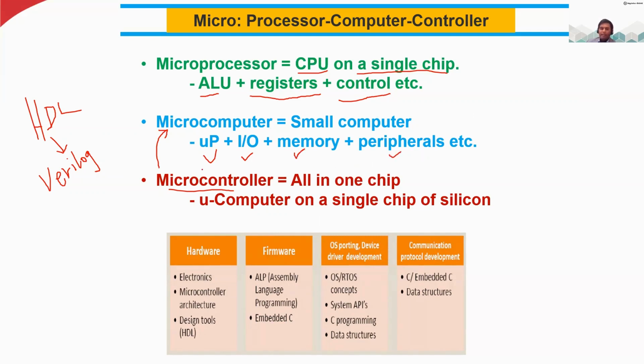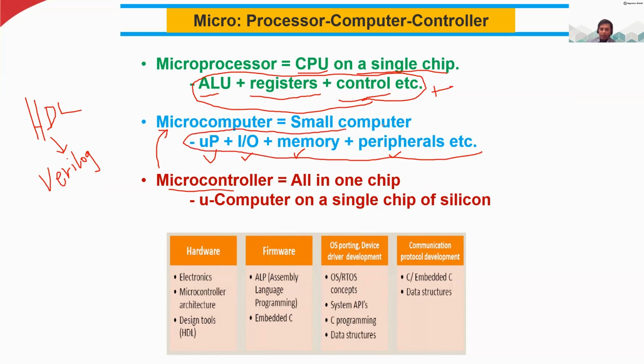So everything is inside the single chip. Here we have only this one inside the single chip, and all others are external. Here everything is inside the single chip. That is the beauty of the microcontroller: all in one chip. That is why we call the microcontroller a microcomputer. The entire microcomputer is on a single chip.